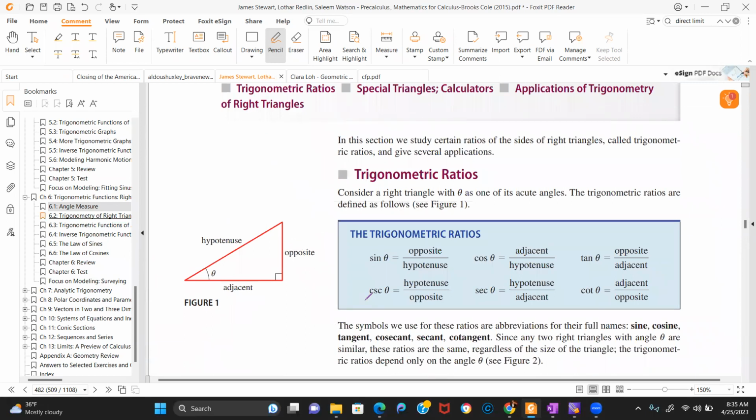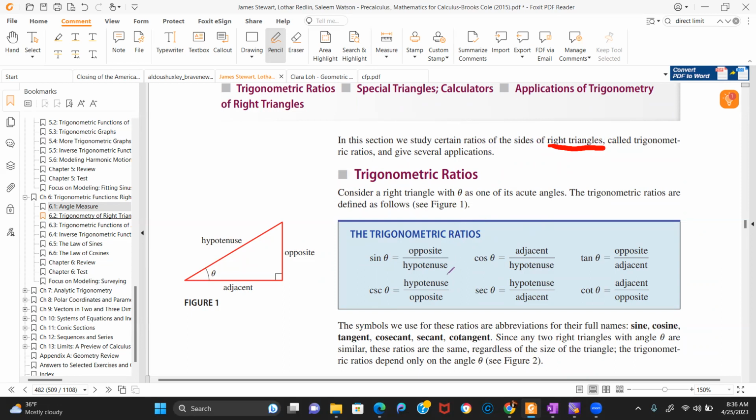So now we're going to start to define these trig functions. They're not fully defined though, because you notice throughout this whole thing, we're going to assume that we are dealing with right triangles. So eventually we'll want to generalize these definitions to triangles that are not necessarily right triangles, and that will be really useful in applications.